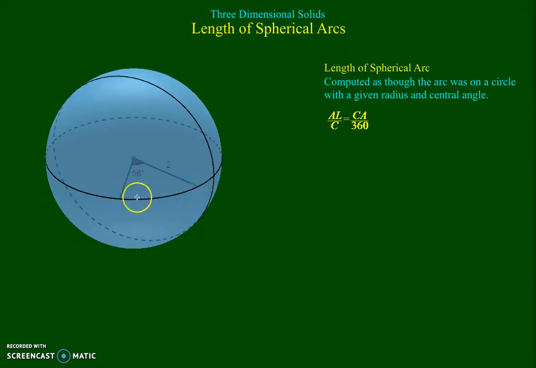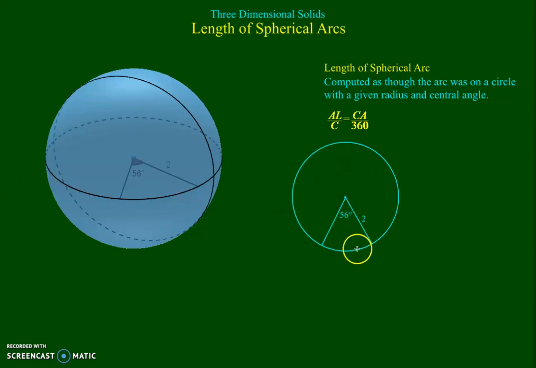So the arc from here to here is what we're going to be talking about. Now, this is no different than dealing with arc lengths in circles. If you think of this great circle as simply a two-dimensional circle, if we just rotated this on its end, we would have something like this.